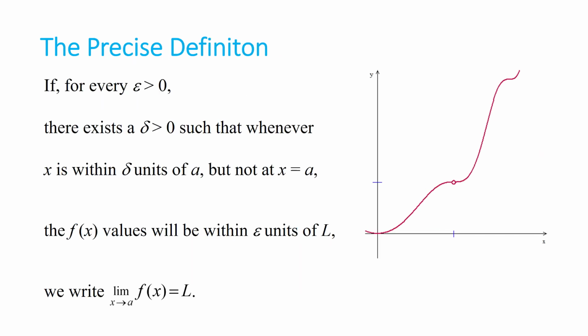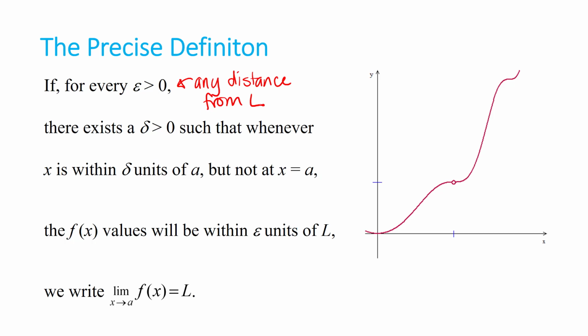All right, so here we're going to get into the guts of the definition. The definition at the very beginning says for every epsilon greater than 0, and it's important that you understand the definition starts with an epsilon. So that epsilon can be any distance in the y direction from our L, no matter how big or tiny we want that distance to be, but it has to be an actual distance away from L. That distance can't be just 0.